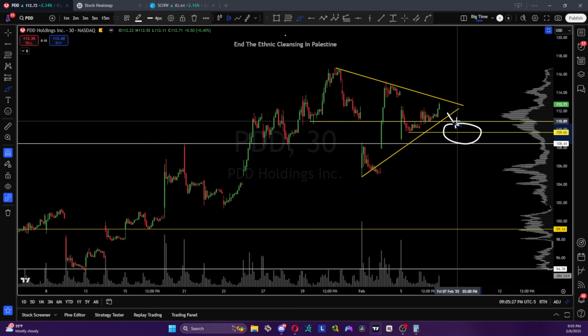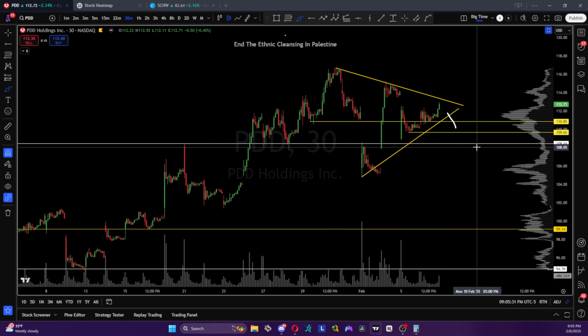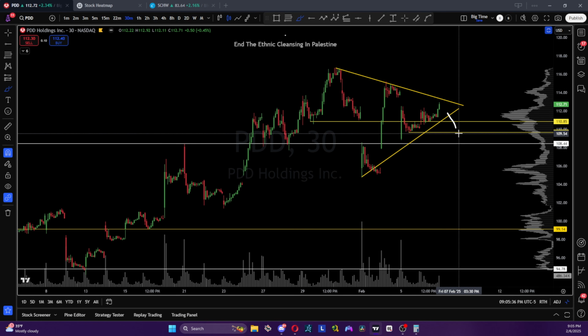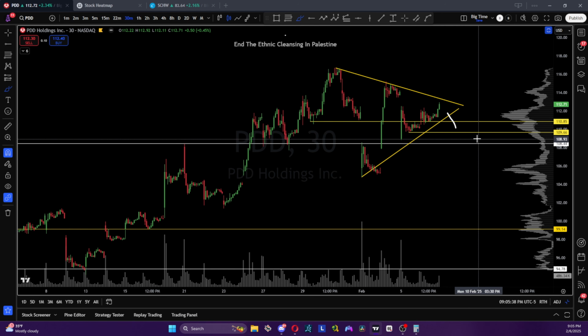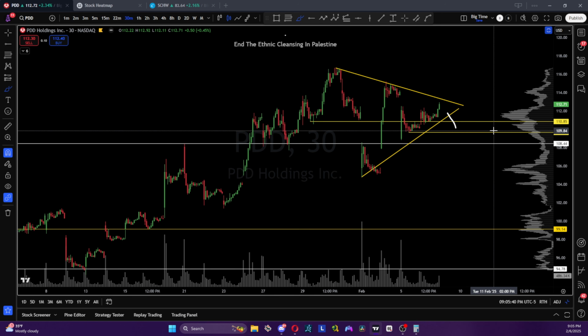So if it's only down 20%, I'm going to wait. I'm going to be like, okay, all right, maybe I'm okay with risking a 30 to 35% loss. So I'm going to see if it bounces before it reaches 109.66 or if it bounces at 109.66.